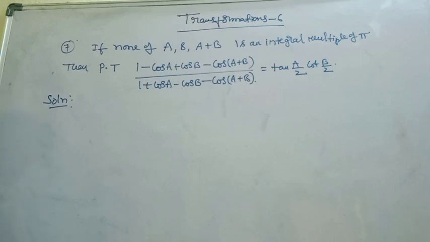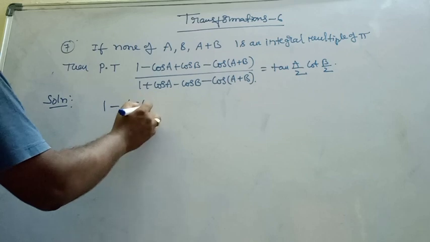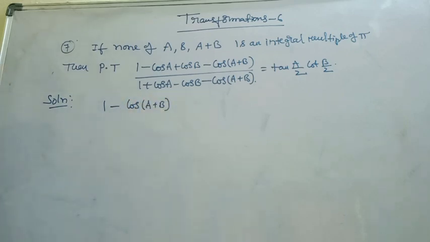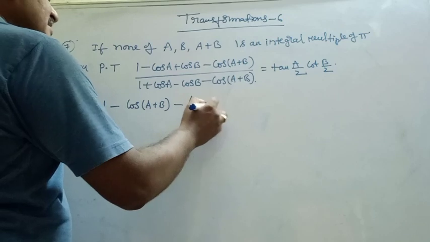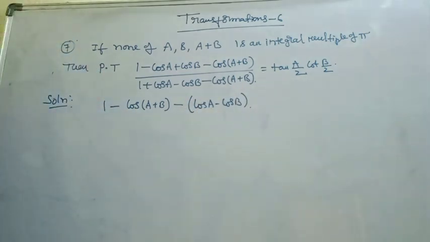This is something like what we can write is, the 1 minus cos of a plus b. Okay, we write this first. Next we are having here minus cos a plus cos b, that is nothing but minus, if I take common, cos a minus cos b, like this, right?